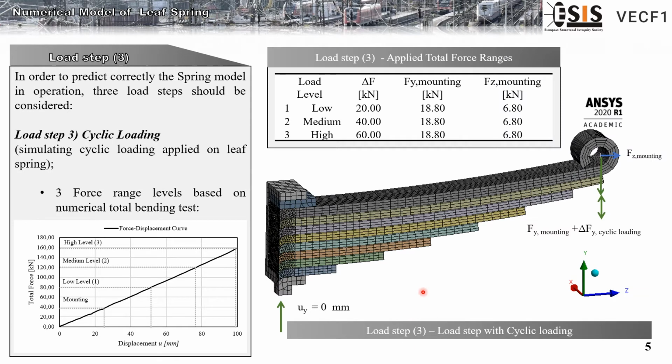About the third load step, we simulated 3 cyclic loading levels, low, medium and high, based on this numerical total bending test. This picture shows the boundary conditions used to simulate the cyclic loading levels.